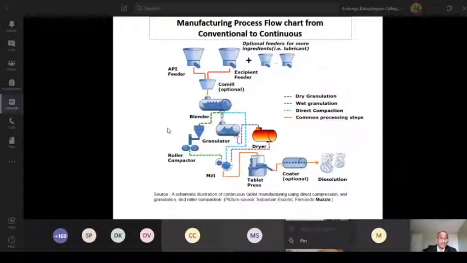After blending, it goes to granulation. In granulation, typically we add the binder solution, and also the impeller tip speed, the RPM, so you need to come up with a solution. Overall, in this process, you need to come up with a design space by optimizing the process parameters, the critical process parameters.